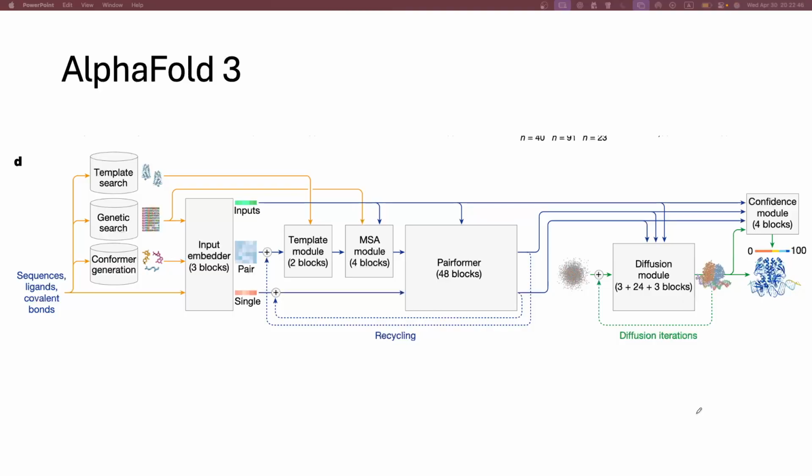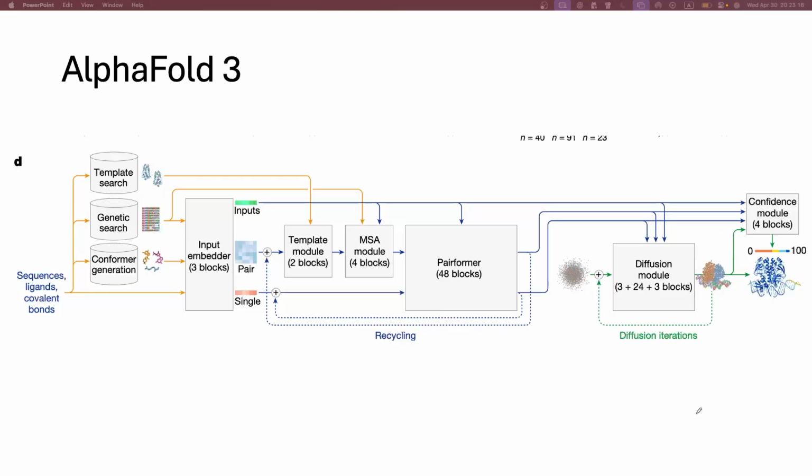So what it does then is build the template module, which we talked about earlier, the biology tower, geometry tower, MSA, and 2 times here, 4 times here. I don't know why they determined the times. 48 blocks for the Pairformer instead of the Evoformer this time. So yeah, we feed it back 48 times.